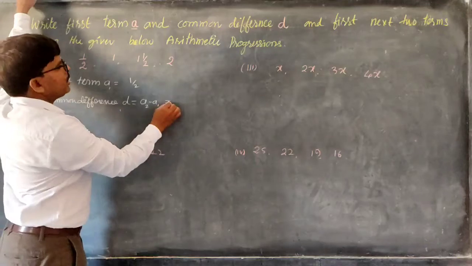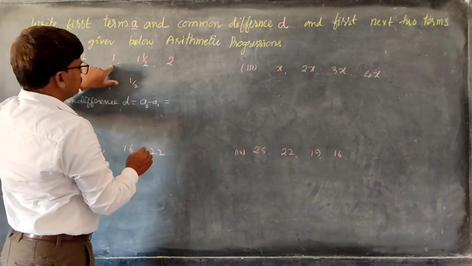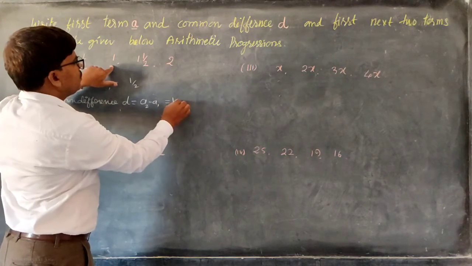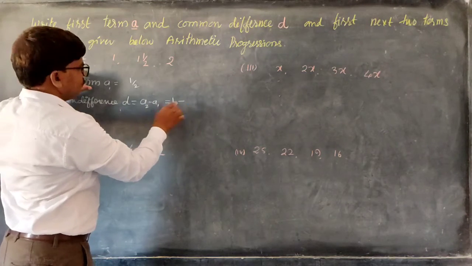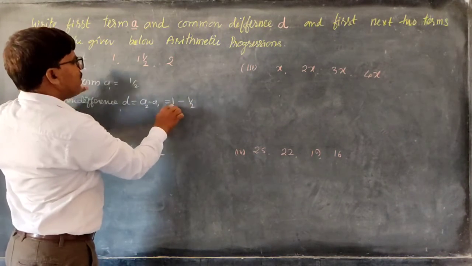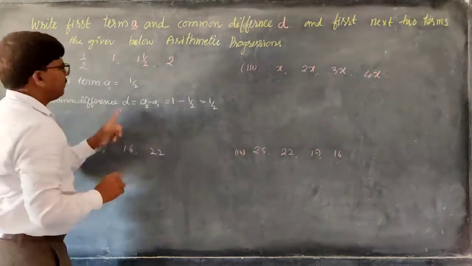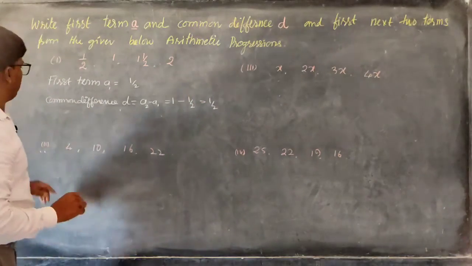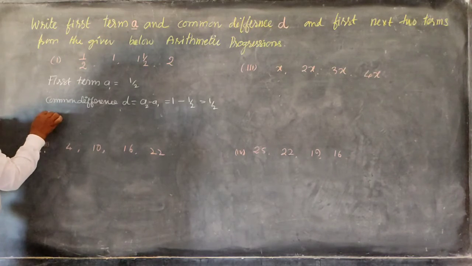So what is A2 here? This is the first term, this is the second term, 1, minus A1, the first term. So 1 minus half is equal to half, so the common difference is 1 by 2.